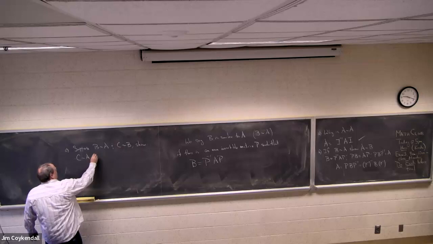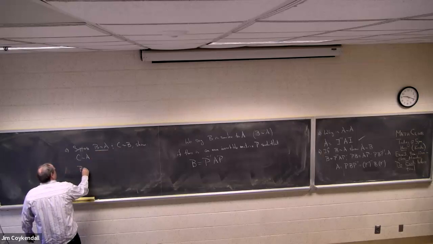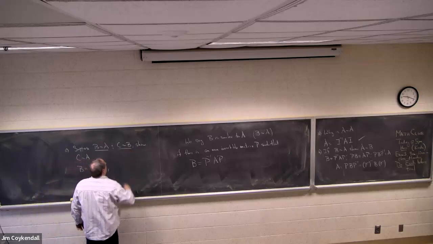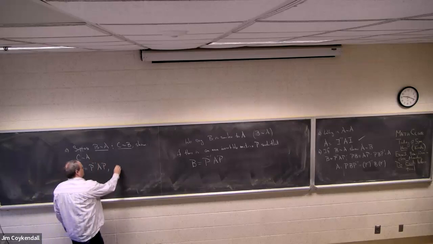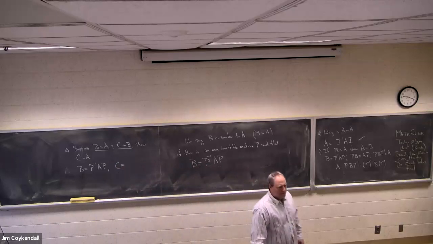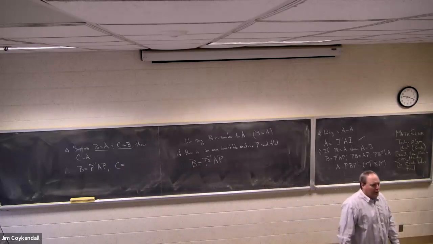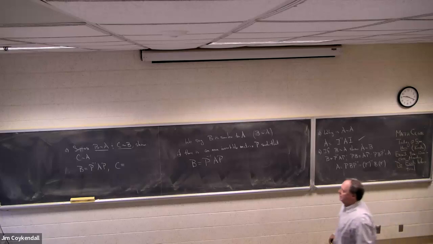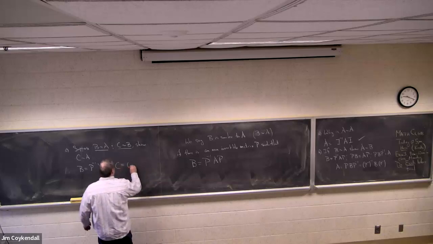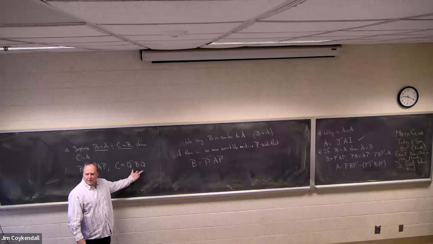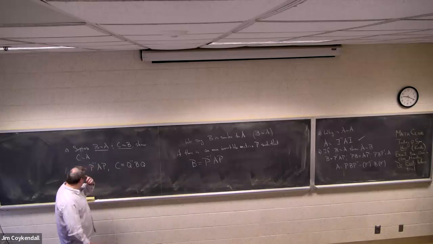Well, this means that B, and what does this mean? If C is similar to B, what does that mean? Yes. It's the same relationship but with a different matrix. Very good. It might not be the same P here, might be some different invertible matrix. Everybody okay with that?